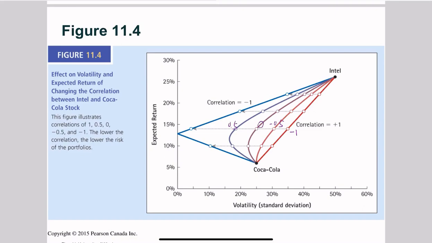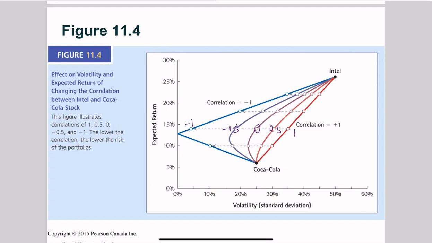Oops, sorry. I was marking the wrong correlation numbers. So this one is correlation equals 1, and this one is correlation equals 0.5, and this one is correlation equals 0. And this one is correlation equals -0.5, and this one is correlation equals -1.